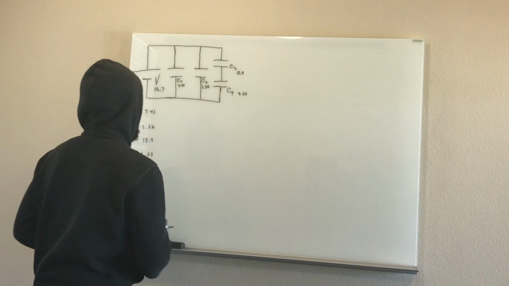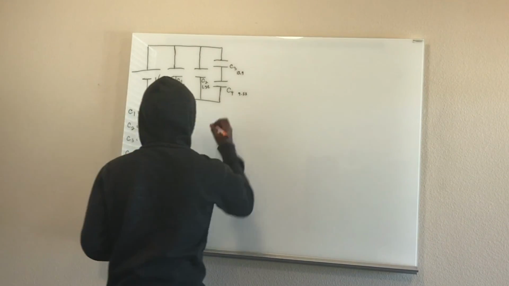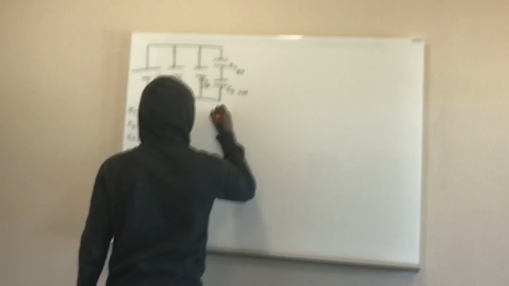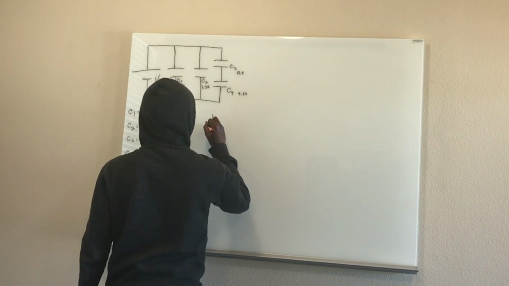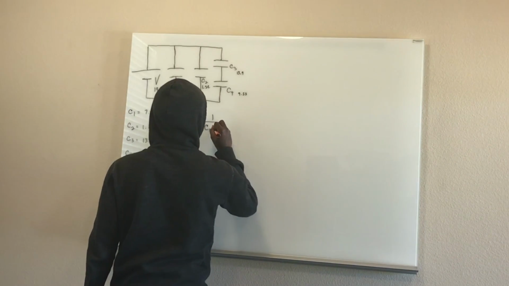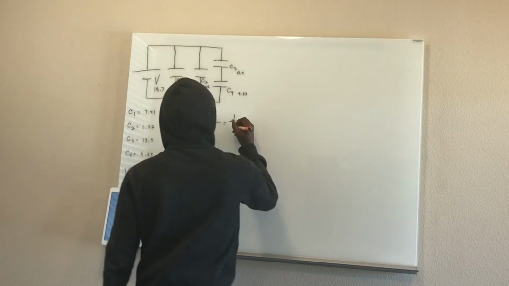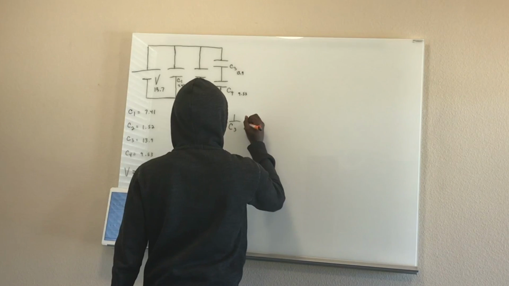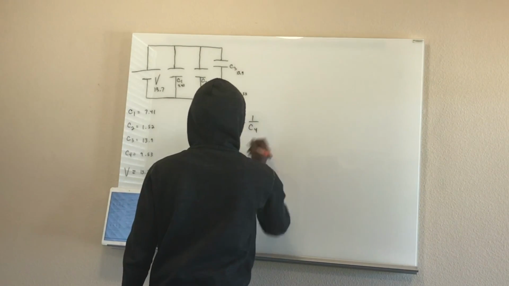And since C3 and C4 are in series, we're going to get 1 over C3,4 equals 1 over C3 plus 1 over C4.